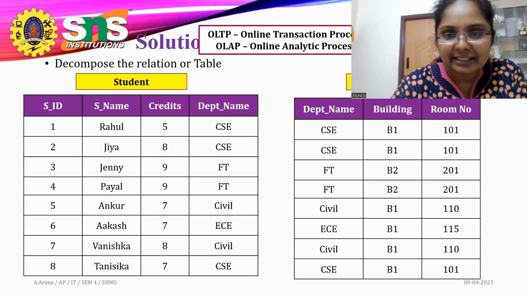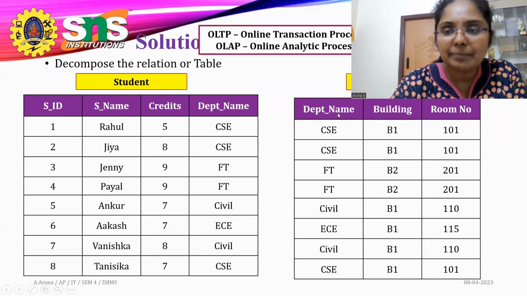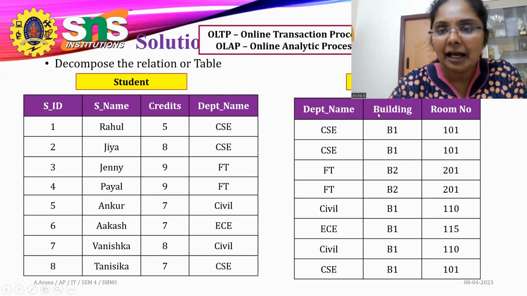Through that, we can establish a link between the student and department tables. So in this case, we can change the particular data. There is no bother about anything, because this is an individual table. Through that, we can remove everything.